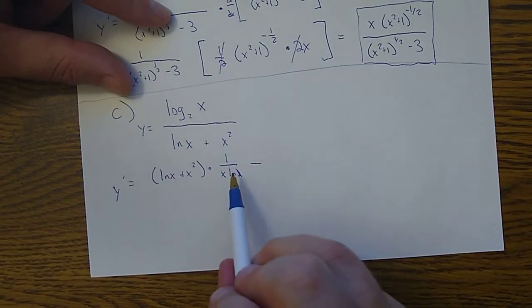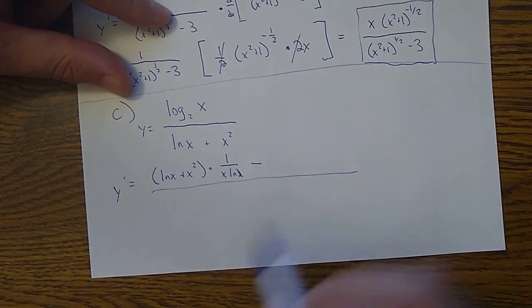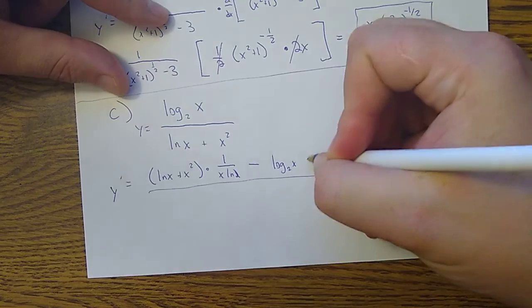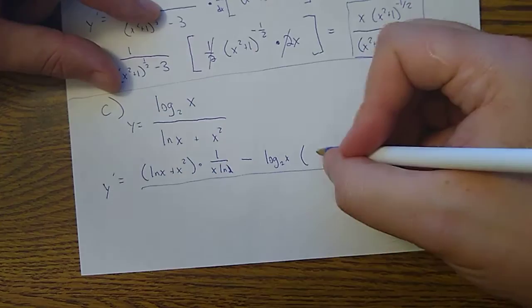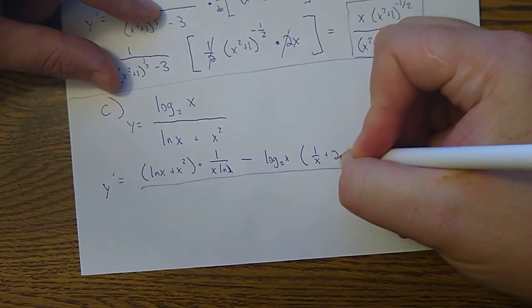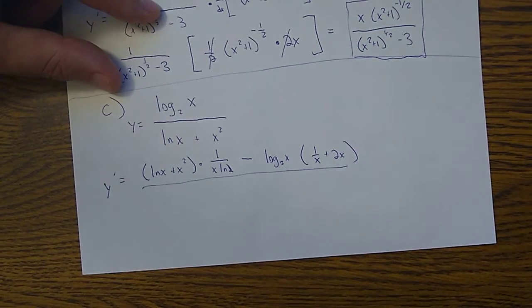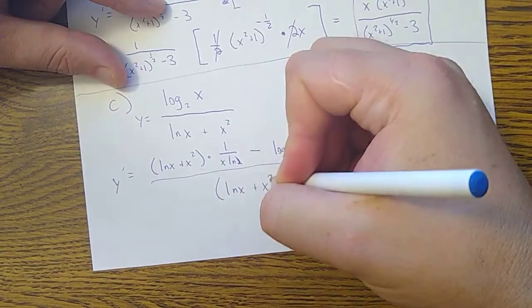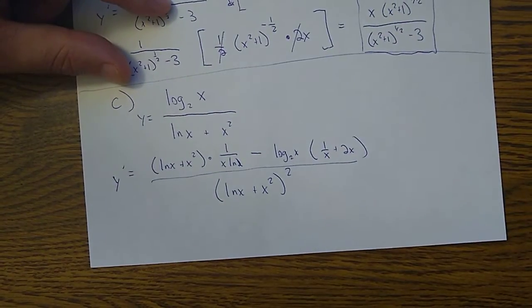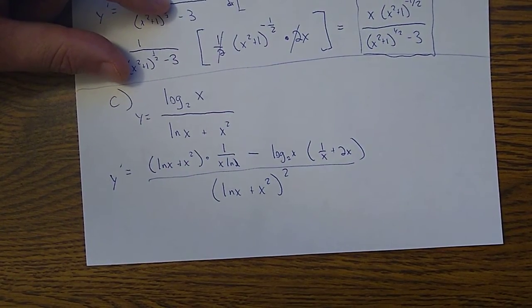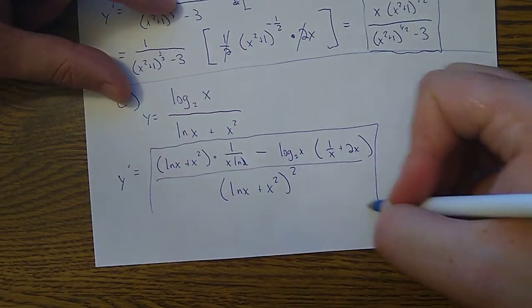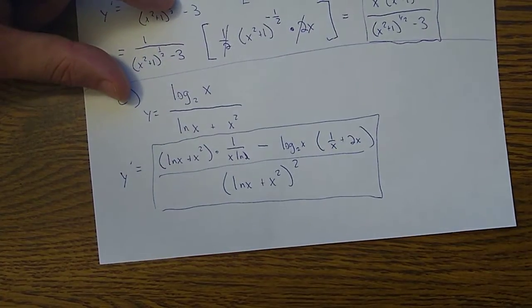So that's bottom times the derivative of the top, minus the top times the derivative of the bottom, over the bottom squared.